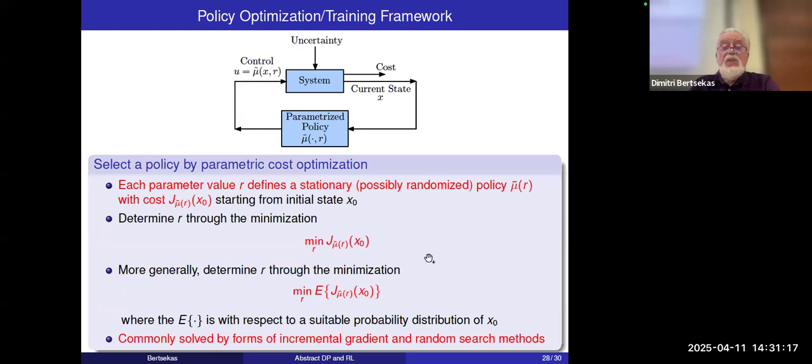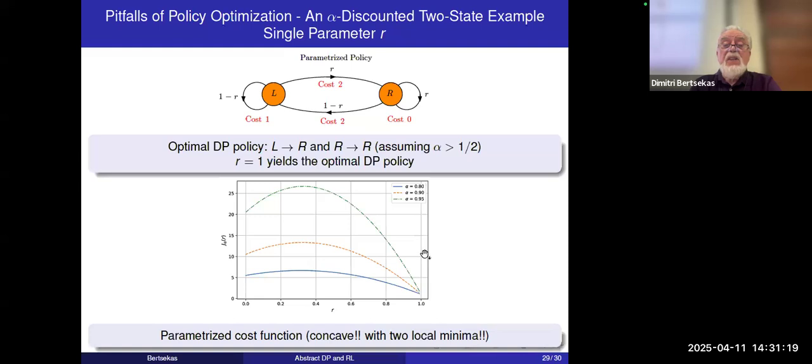And let me give you an example of this. It's my last slide. The pitfalls of policy optimization. Here is the simplest dynamic programming problem that you can possibly think of. It has two states, left and right.